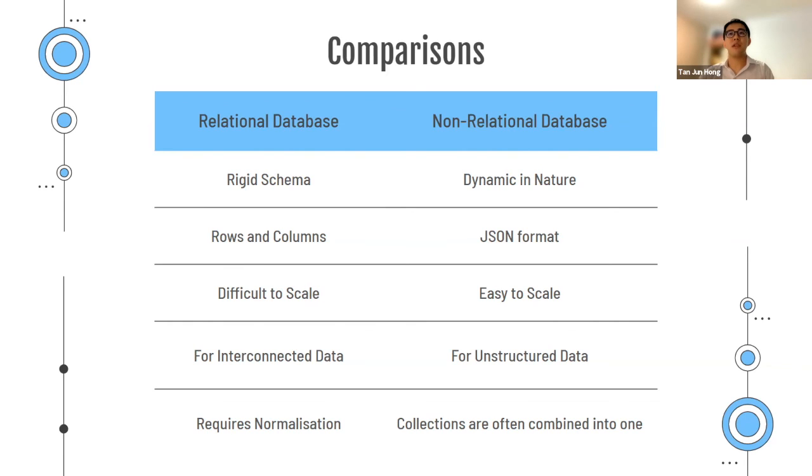Because of the relational nature of relational databases, they are more suitable for interconnected data. As for non-relational databases, since they are more dynamic in nature, they are more suited for unstructured data. And finally, relational databases usually require normalization, while non-relational databases have collections that can often be combined into one.